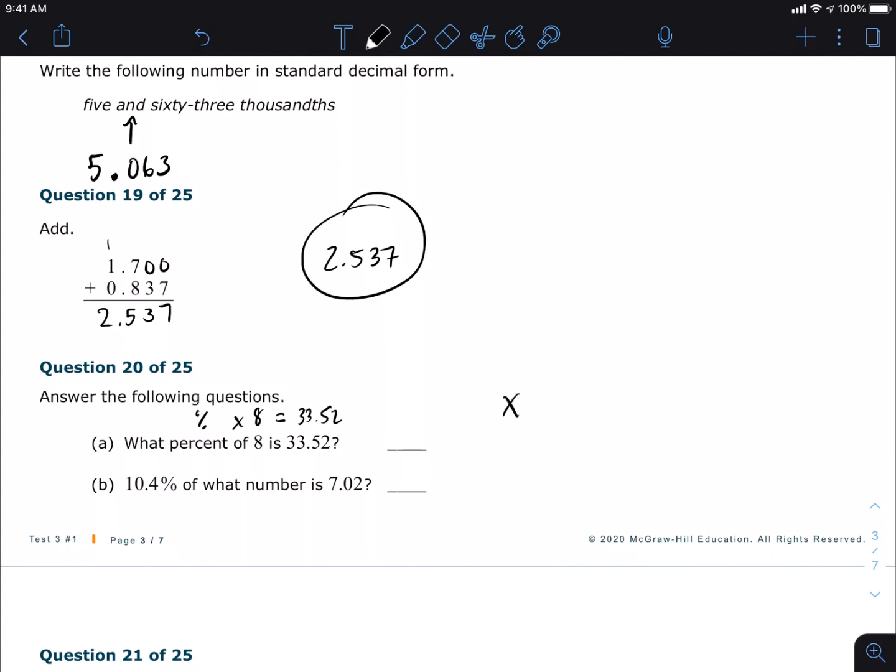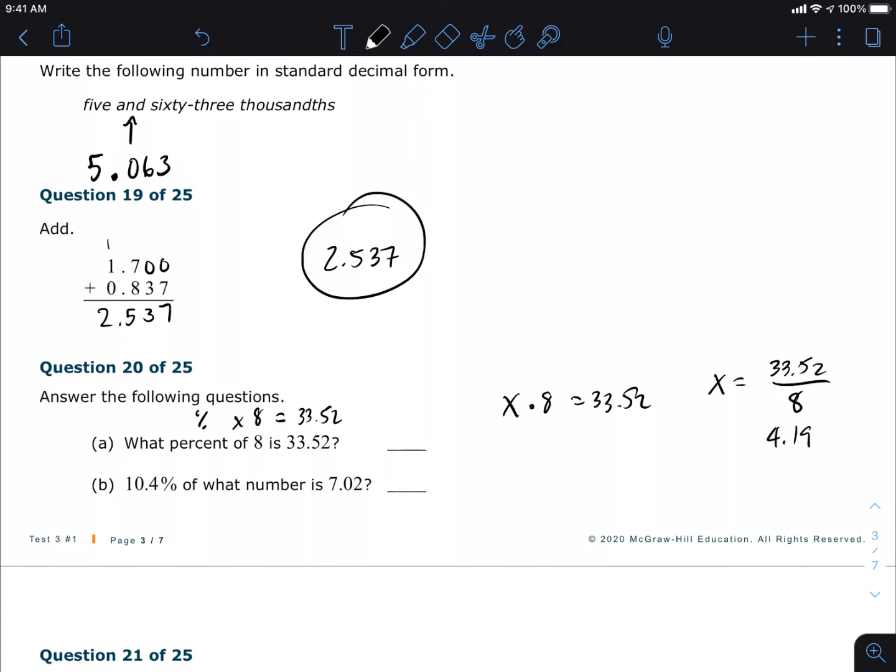So I'm going to go x times 8 is 33.52. So x is equal to 33.52 divided by 8.